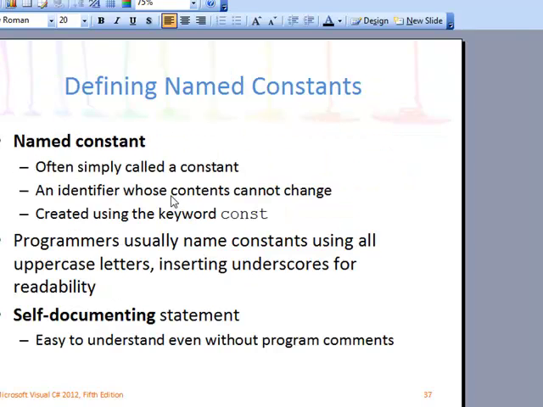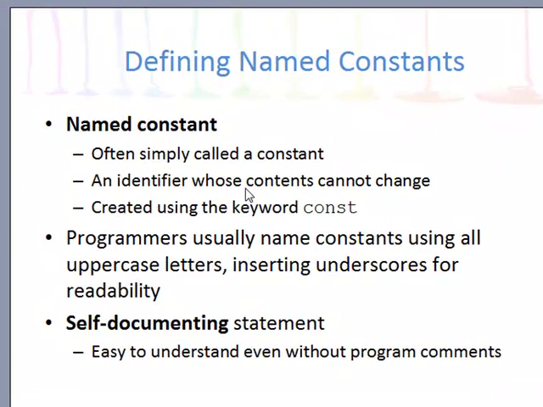Sometimes you don't want a variable to change values as you're going through the program. You might have something like an interest rate. The interest rate may be fixed as this program is running. So you want to create a constant, something you don't want to vary during the program.